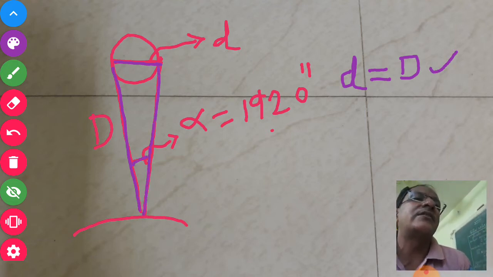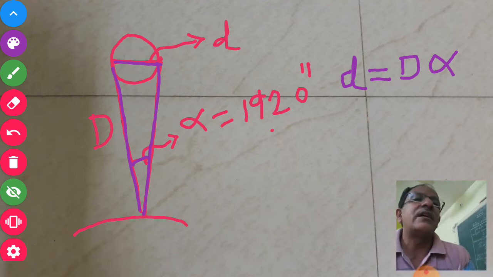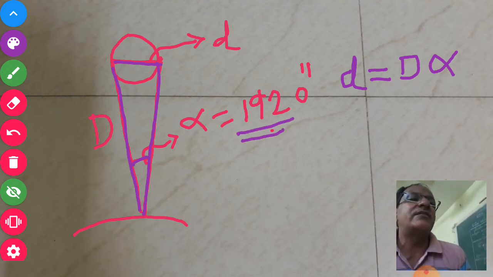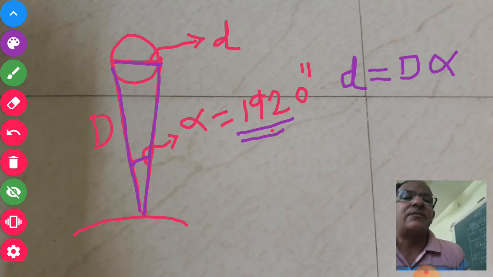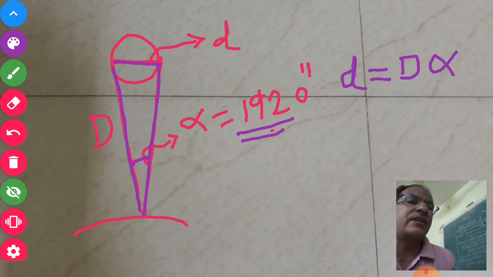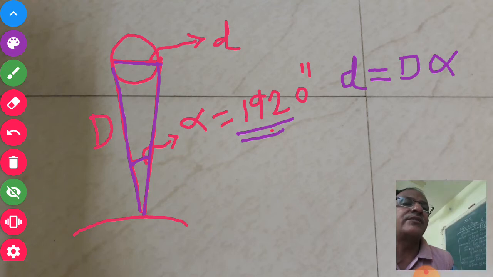Theta is here shown by alpha. Now that 1920 has to be converted into radian by multiplying by 4.85 into 10 raised to minus 6. So you just have to multiply these two quantities, D and alpha.